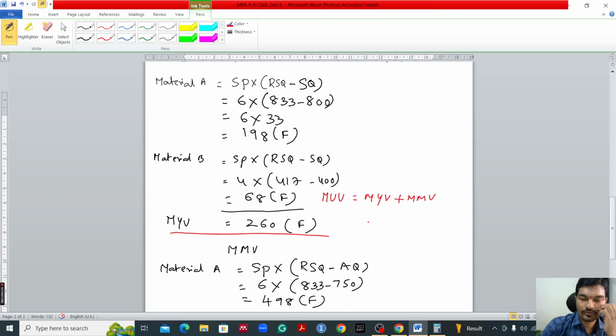So according to the solution, 100 in adverse. Just now we calculated MYV, 260 which is positive, favorable, and MMV.